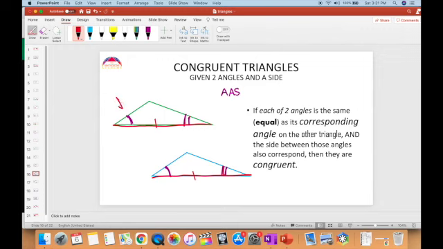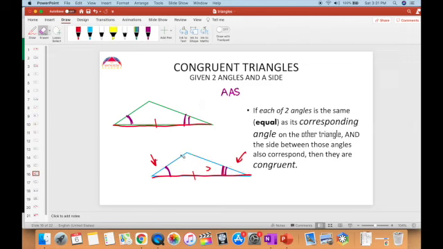So this angle is the same as this angle. This angle is the same as this angle. So that means that this side and this side will automatically be the same because the opposite angles are equal. Same with this side and this side, right?